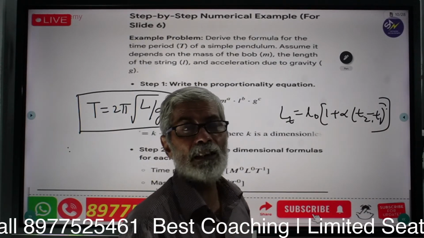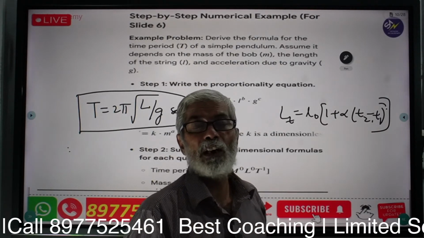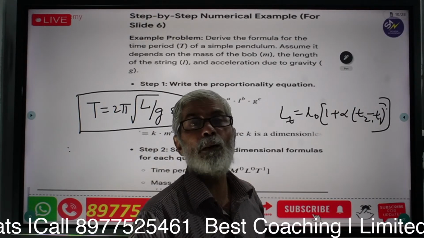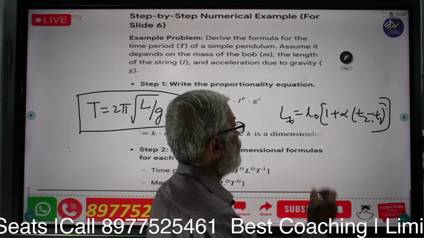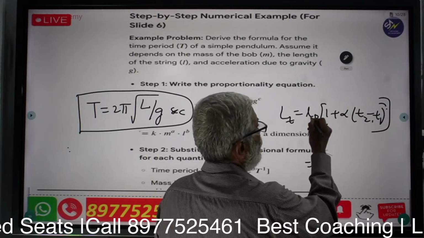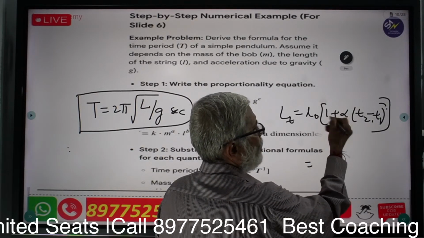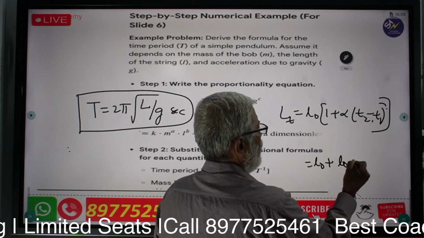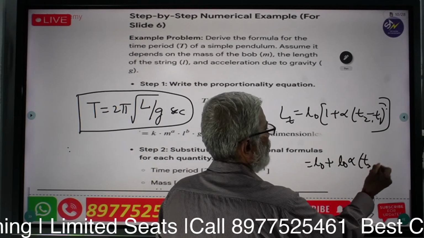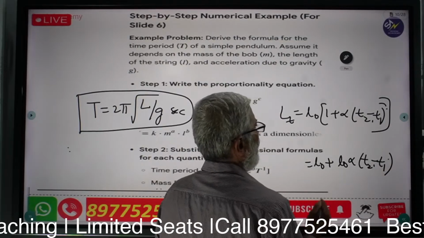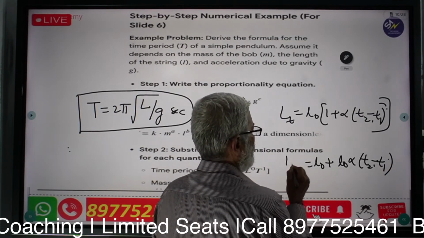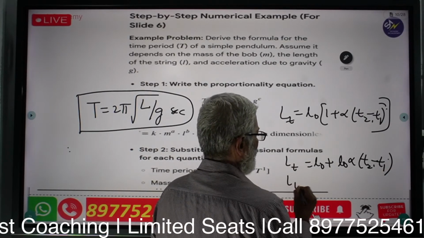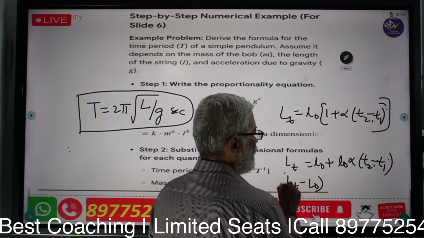They will ask what is fractional change in length, what is the percentage change in length. Then what do you do here? If you open the bracket, you will be getting L0 plus L0 alpha into (T2 minus T1). This is equal to L_T. So L_T minus L0 is the increase in length.